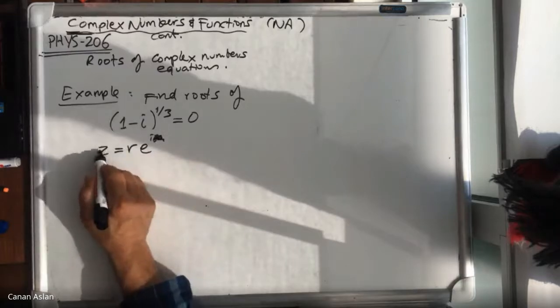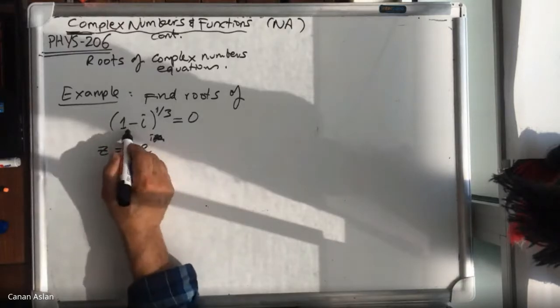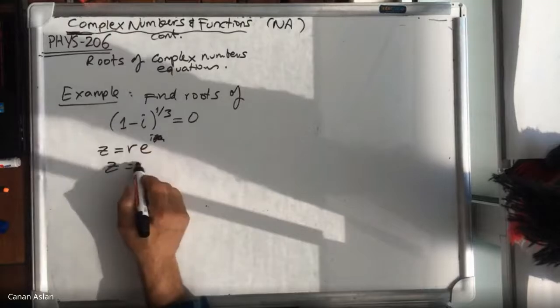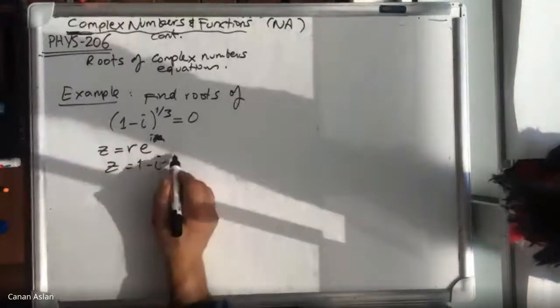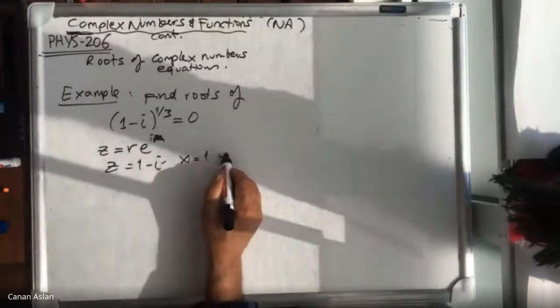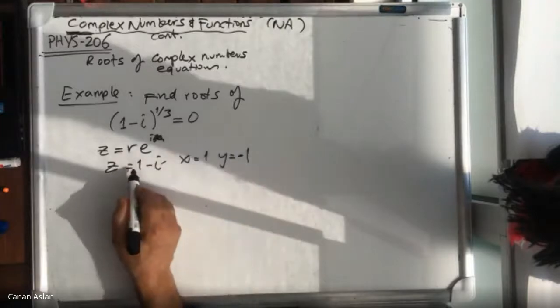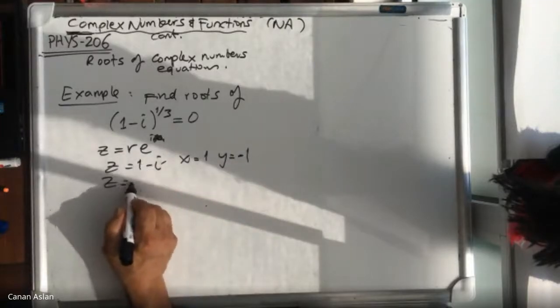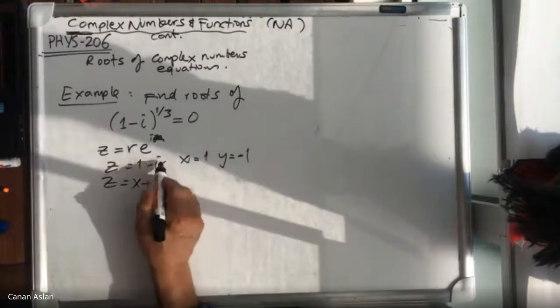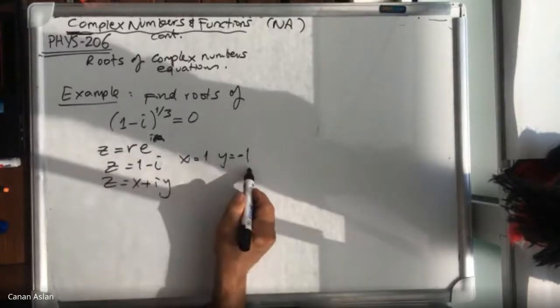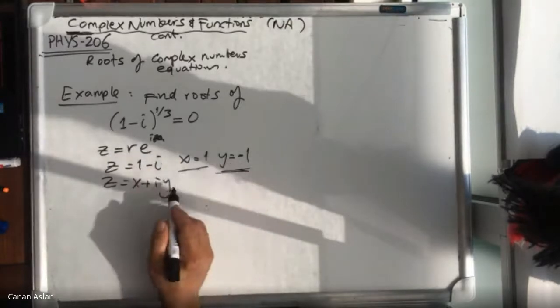So z is given like that, but for z equal to 1 minus i, we see that x equals 1, but y equals minus 1. Because if z is given by x plus iy, we have these x and y values.